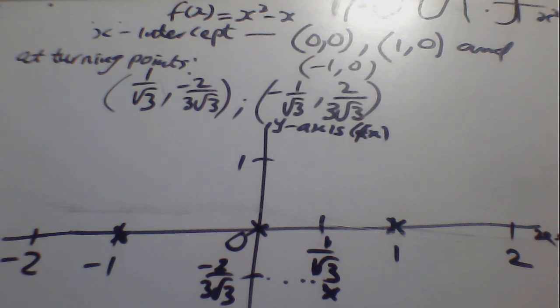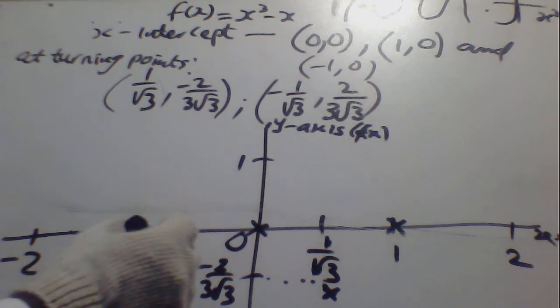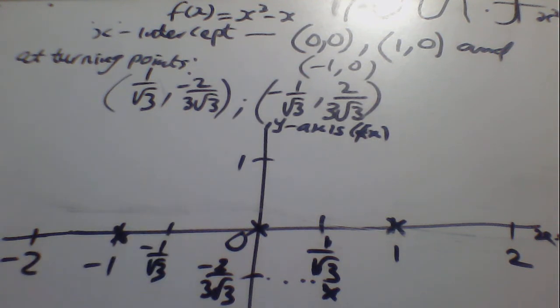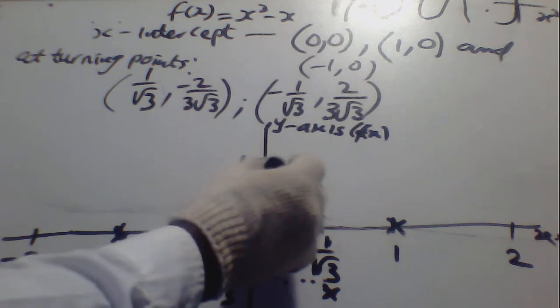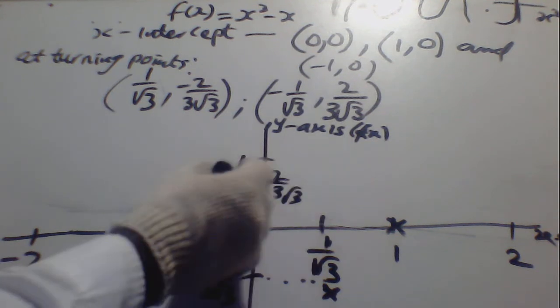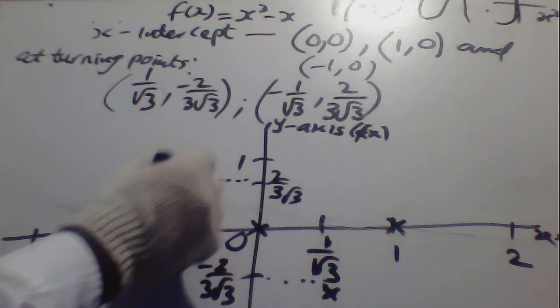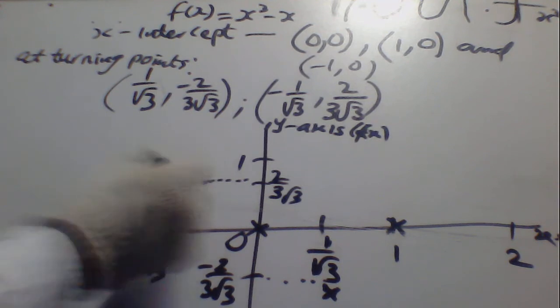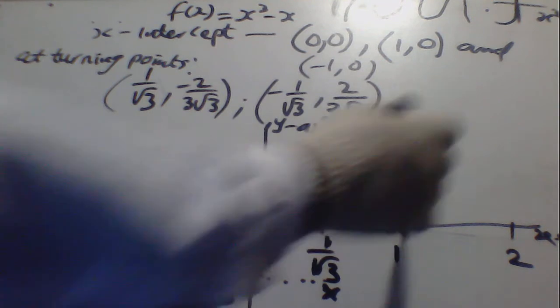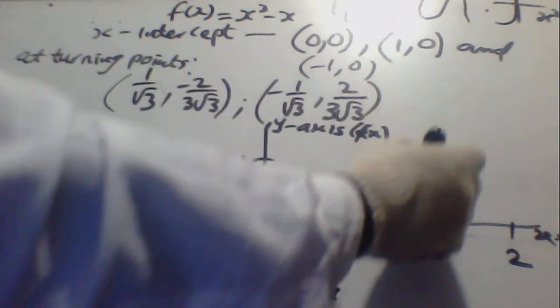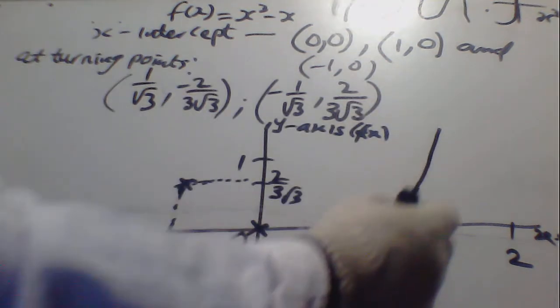So the second is when x is -1/√3, y is 2/3√3. So they meet here. With this, we already know how the graph will look. Just use a smooth curve to join them.